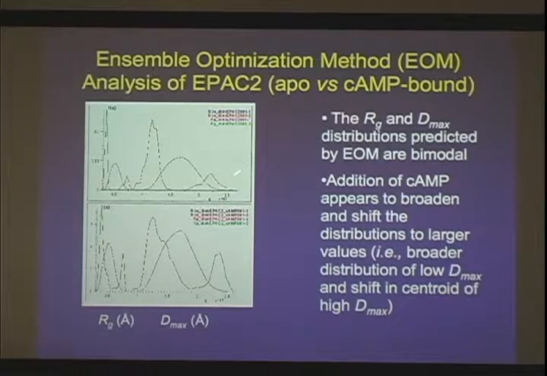These are the Dmax values in the distribution here. We see a short distribution and a long distribution, and when we add cyclic AMP, we see a change in the distribution. In the case of the Dmax, we see a new shoulder forming, and this region here moves significantly out to a longer length.